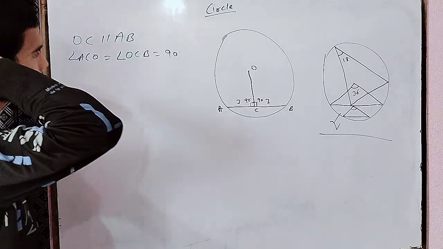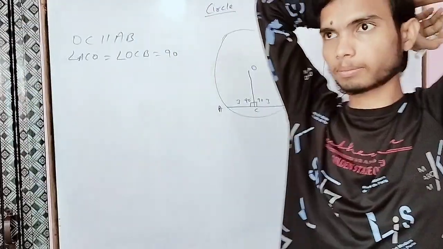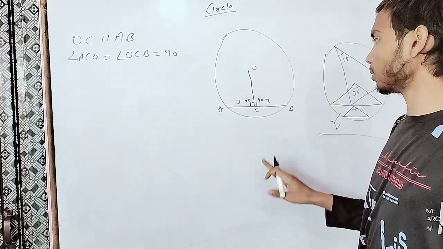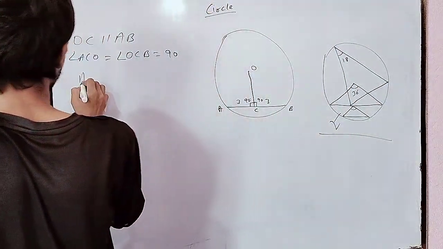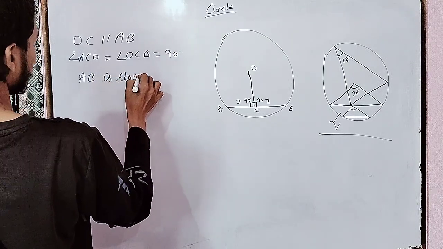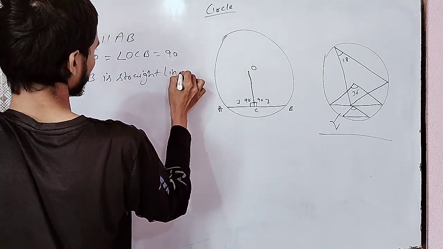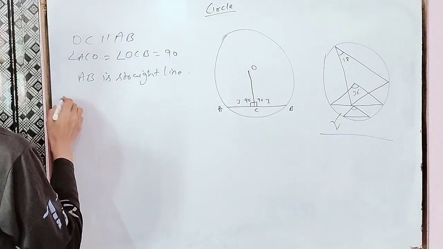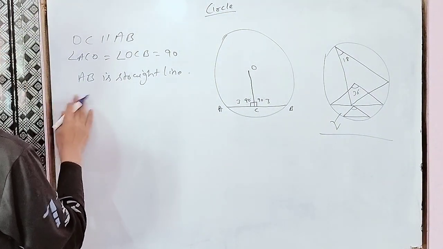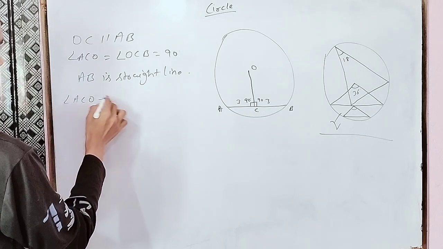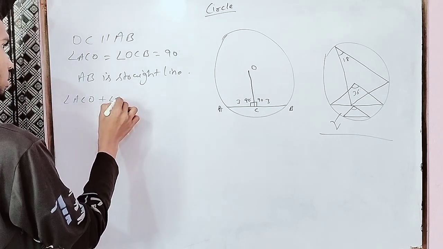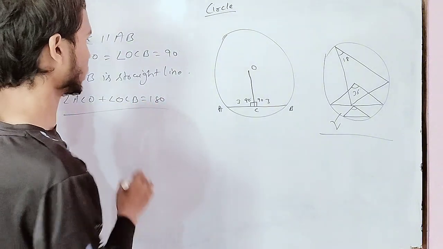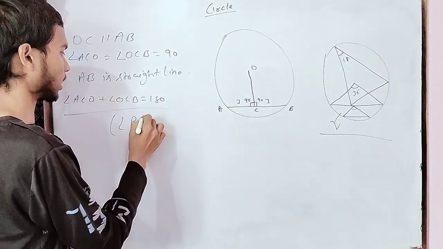Clear? Which is 90 degrees. What else? OC is perpendicular to AB. You can even say AB is a straight line, so you would say angle ACO plus angle OCB is making 180 degrees.